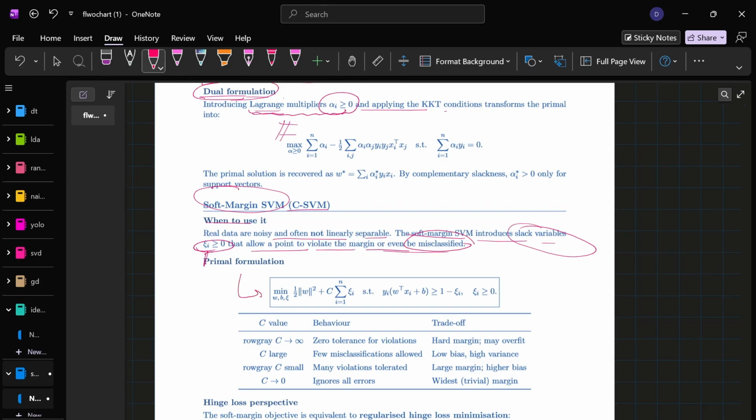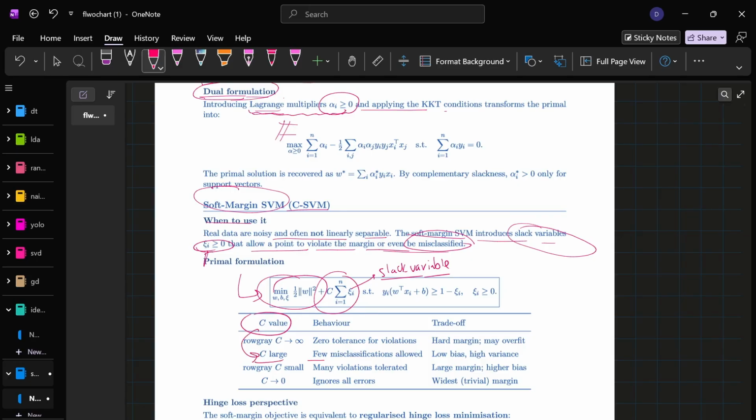The optimization becomes minimizing half of the norm of w squared plus C times the summation from i equals 1 to n of xi_i, where xi is the slack variable for the i-th point. Here C is a very important hyperparameter that controls the margin size and the classification error.